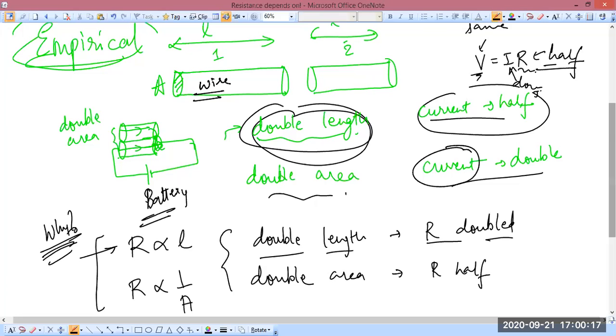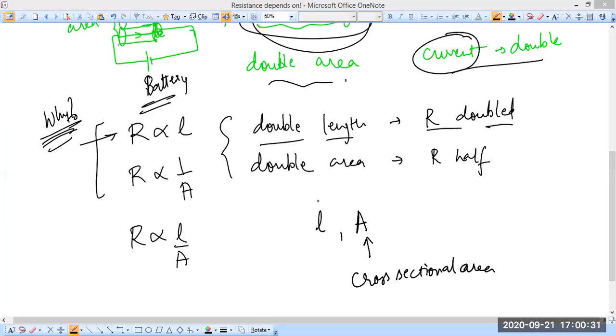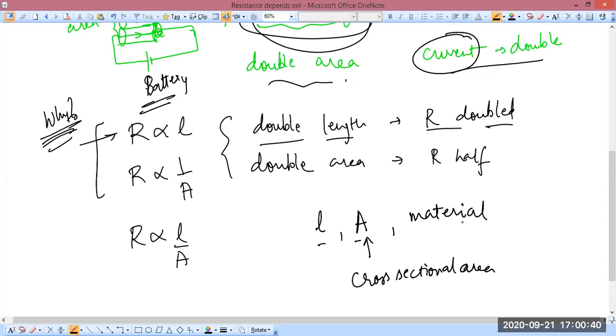So apart from length and cross-sectional area, remember A is cross-sectional area, it should also depend on the material.